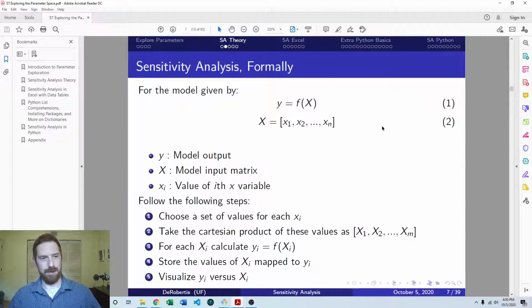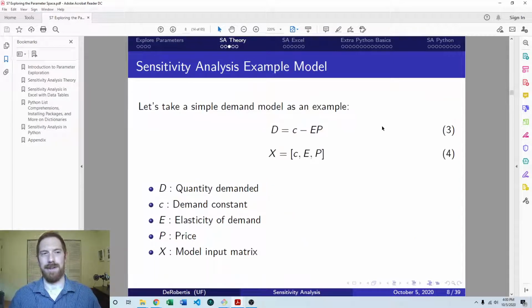Hopefully just talking through it made that a little bit more concrete, but let's look at an actual example problem and how we would apply it to go even further in that concrete direction. Let's keep talking about demand. Here we have a simple demand model. The entire model is a single equation: demand equals a constant minus the elasticity of demand times the price.